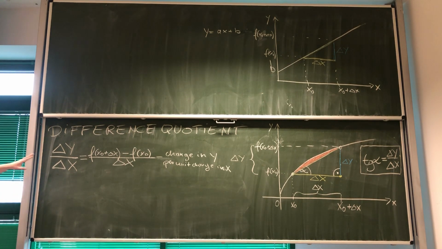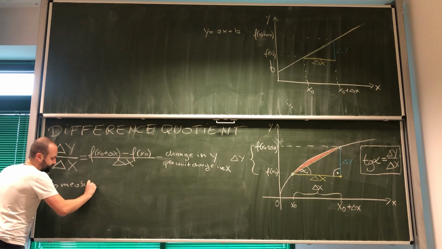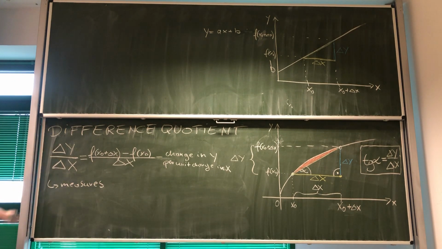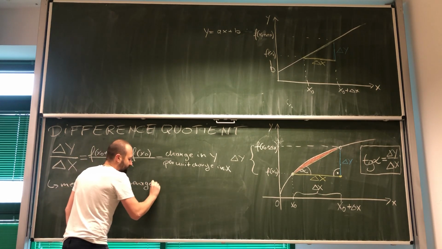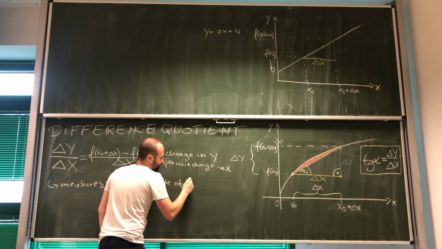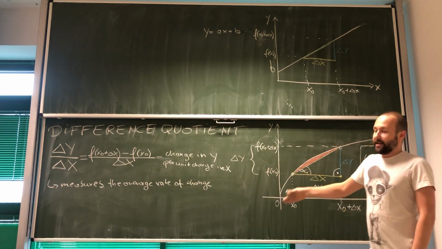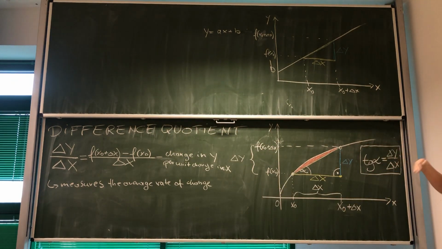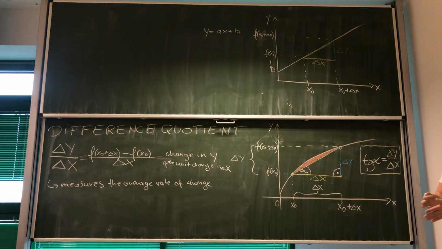Okay, let me just tell you 2 additional things about a difference quotient. Difference quotient measures the average rate of change. So, as we said, if x was at the beginning 10, at the end it was 12.